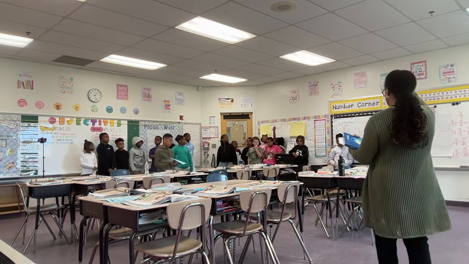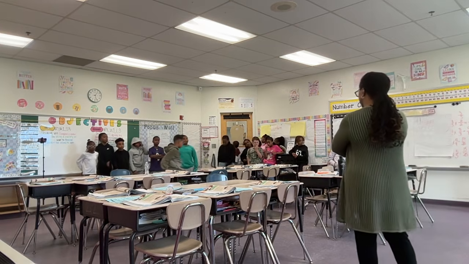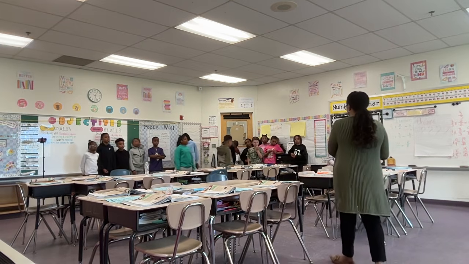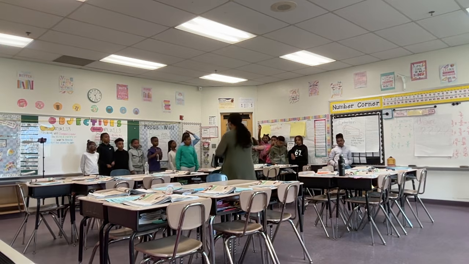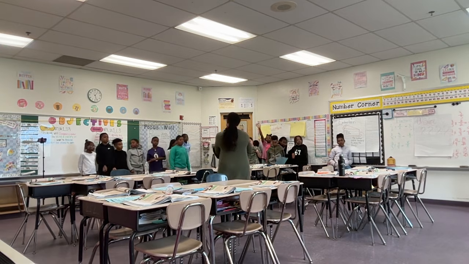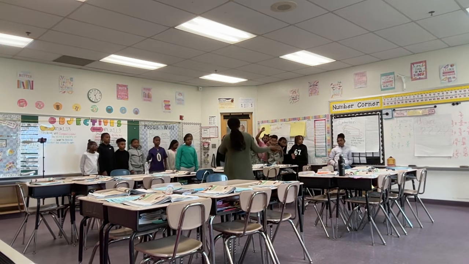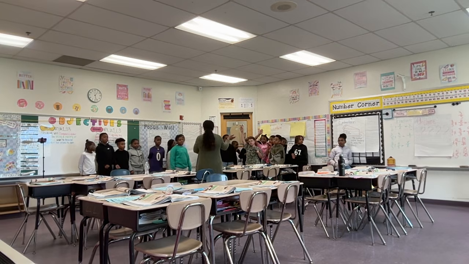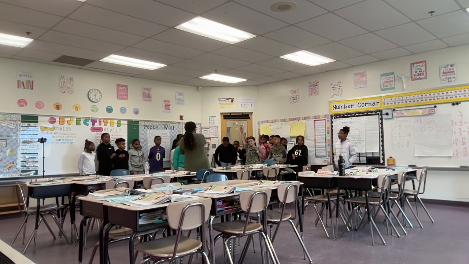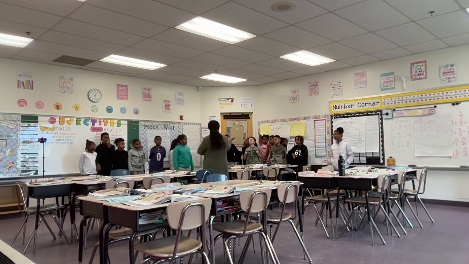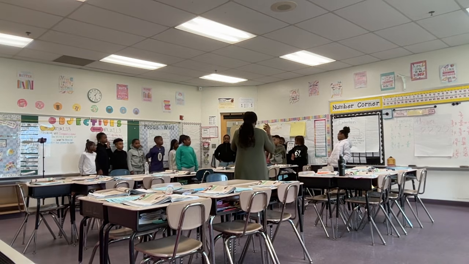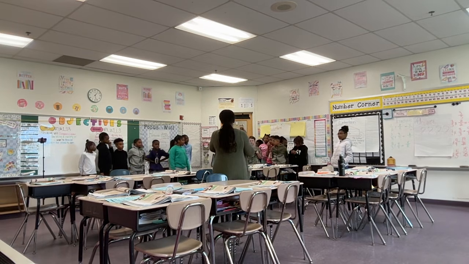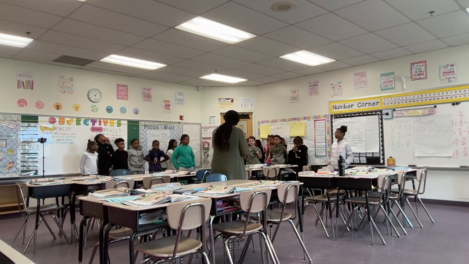So, two things can be true at the same time, right? Two things can be true at the same time. And when I say that, what I mean is the author could very well be persuading us and informing us at the same time. Lucian shaking his head. Tell Miss Albury in your class, why did you shake your head yes?